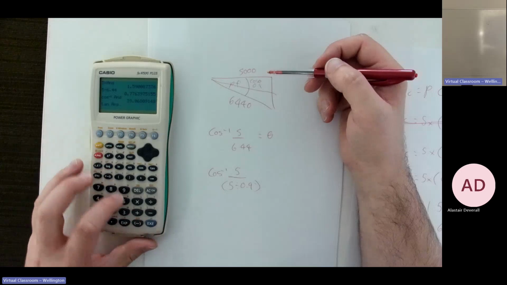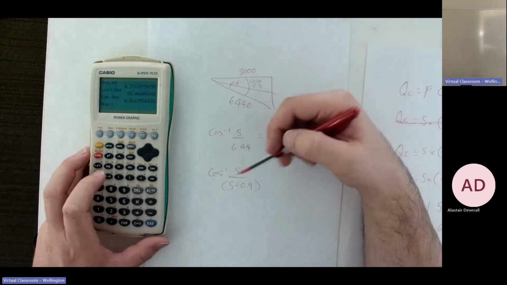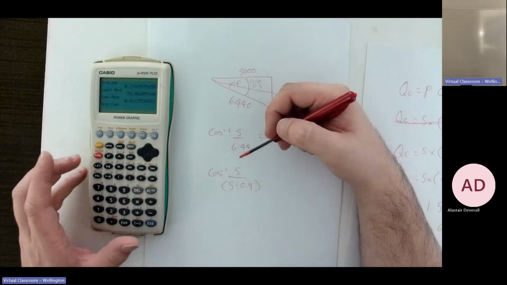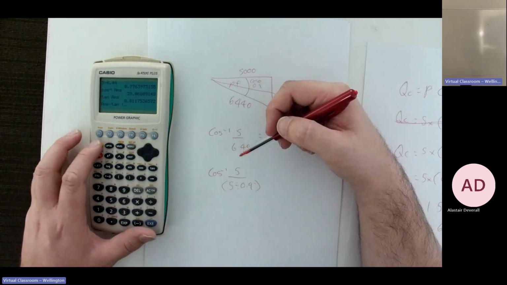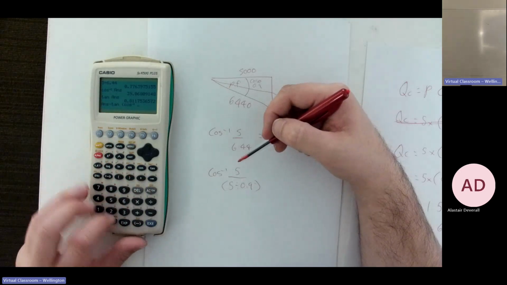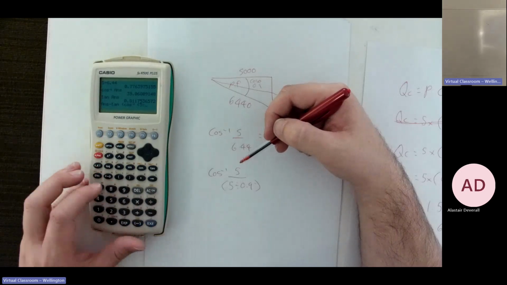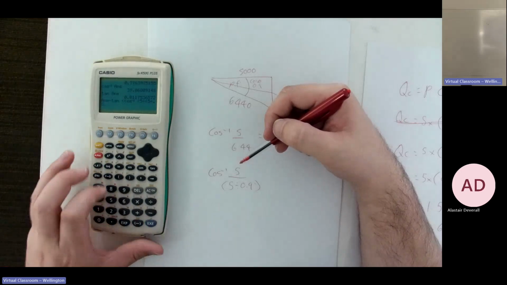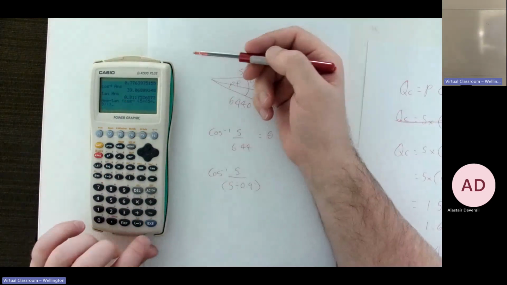So answer equals, minus, now I can bring in my next value: tan, so answer minus tan, and then in that tan we're going to have shift cos, and then a new bracket 5 divided by 0.9, close bracket for that bracket, close bracket for that bracket, close bracket for that bracket.